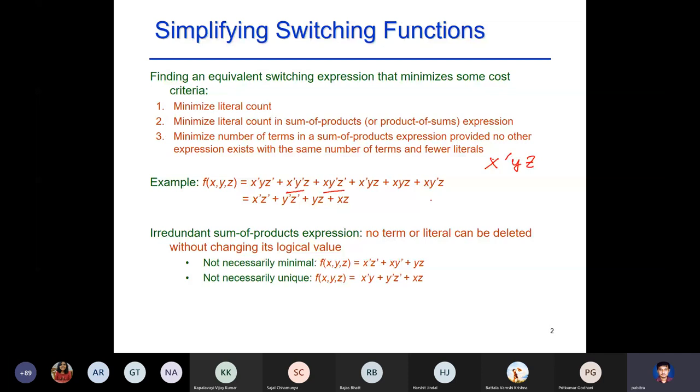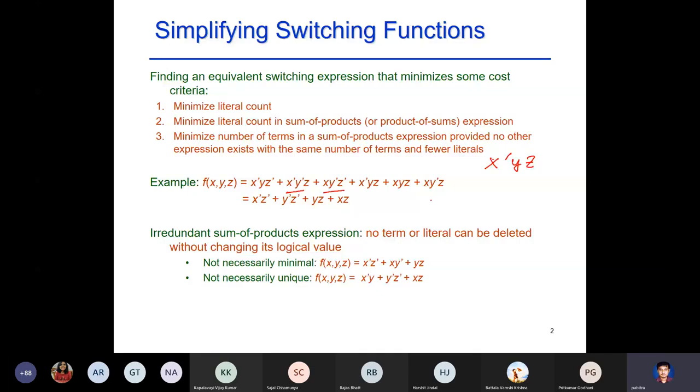You can also visualize them if you write down the truth table for x, y, and z. There are exactly 2 to the power n entries in the truth table for n variables, and each of the min terms corresponds to one row of the truth table.